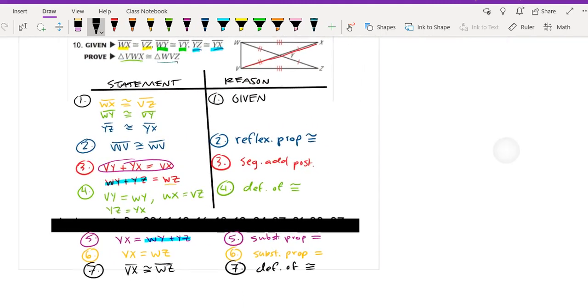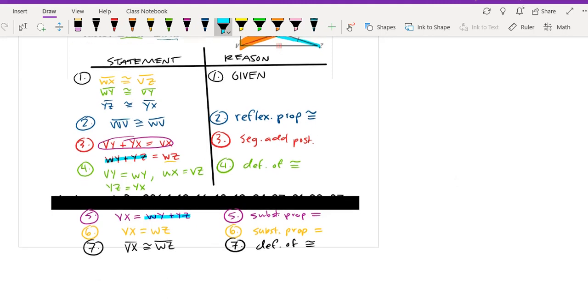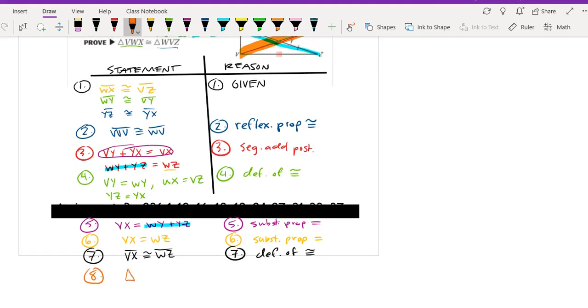If I look at my picture, that means that VX and WZ are congruent now, and I've shown that all three sides are congruent, so I can wrap this up by saying that triangle VWX is congruent to triangle WVZ. That is by the side, side, side postulate.